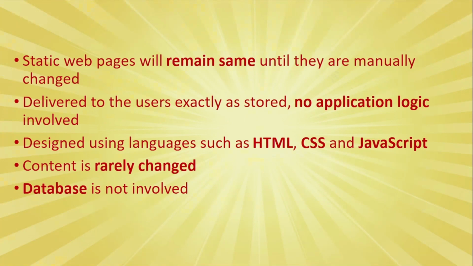A web page does not make any REST API calls to a backend application which connects to a database. Simply put, static web pages are the opposite of dynamic web pages, which will have customized views, complex application logic, and backend API calls.